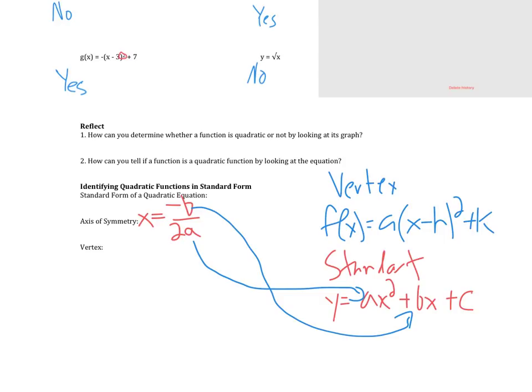So that's how we can find our axis of symmetry, and then once we have that, we can substitute that value in, and our vertex becomes negative b over 2a, and then that value substituted in becomes your y value. Technically, it's f of negative b over 2a. That's one way to write the y value.